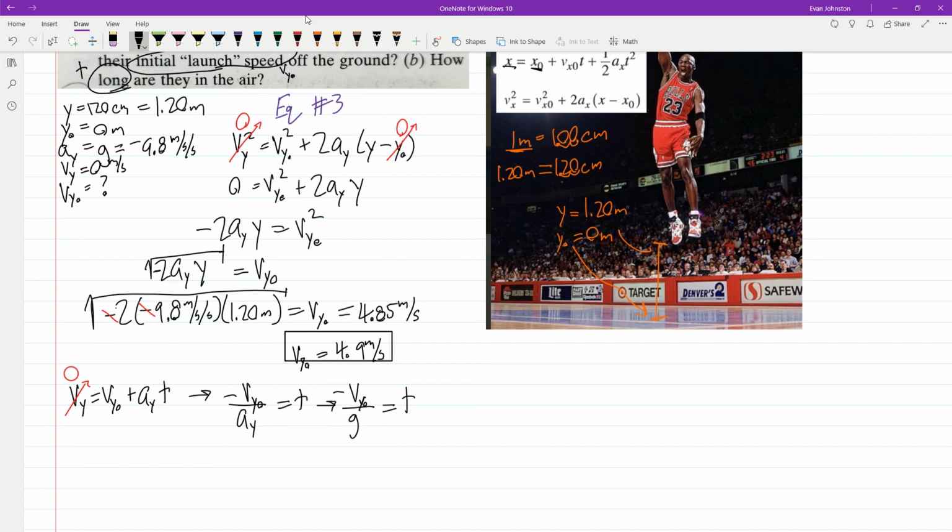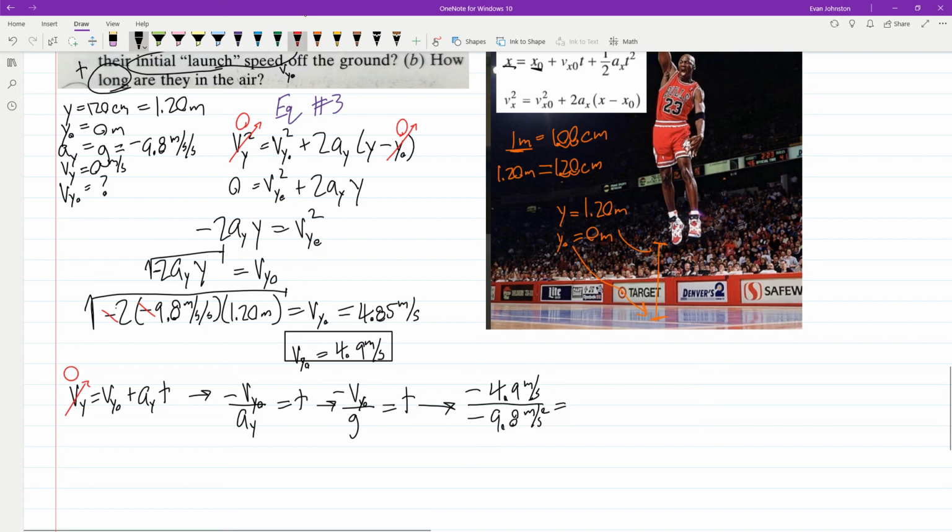That's the other way you could have written it. And so all we have to do is negative 4.9 meters per second divided by negative 9.8 meters per second squared.